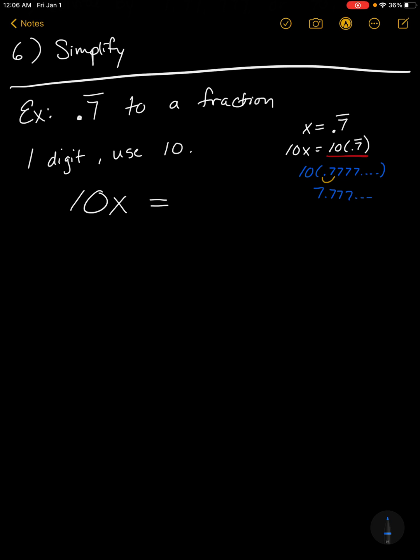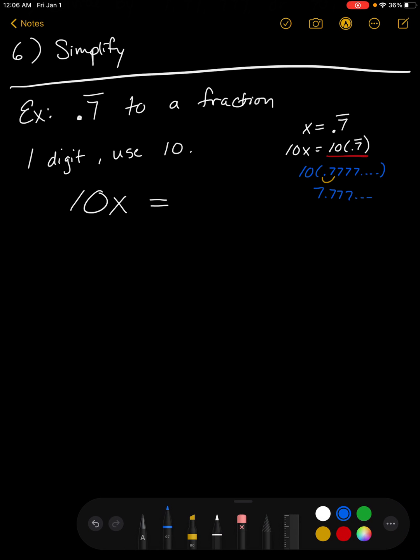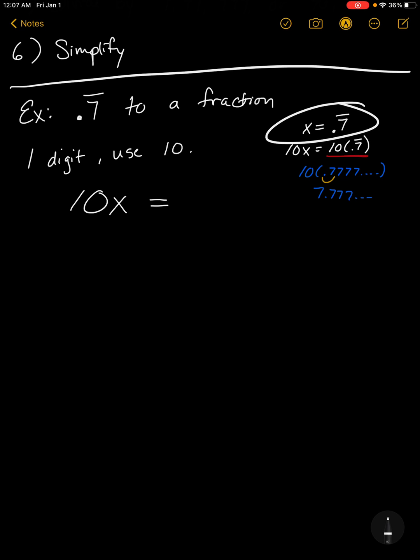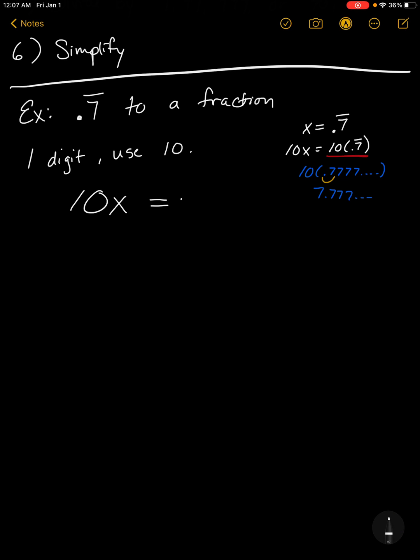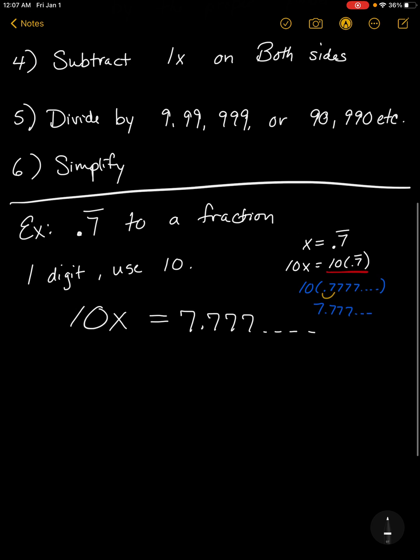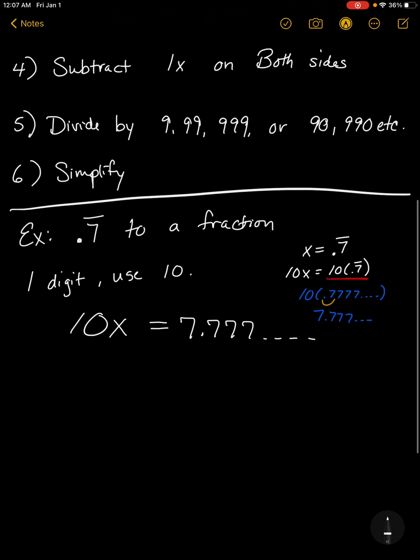So all you did was shift that decimal 1 to the right, okay? And since you did that, that is what goes over on this side. So 10 times x, here was my x, 10 times that number is 7.777, okay? It's not like the 7s ever end. So we have the first equation set up. And that is the key to getting the whole problem right.